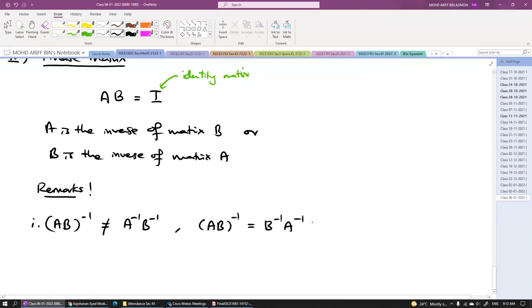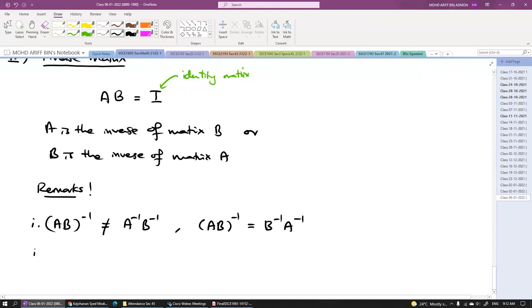As I mentioned in multiplication, the position of your matrix is very, very important when you multiply between matrices. It's not all the time that B inverse multiplied by A inverse is the same as A inverse multiplied by B inverse. But for the inverse, (AB) inverse must be equal to B inverse first, followed by A inverse. It's not A inverse B inverse, remember.